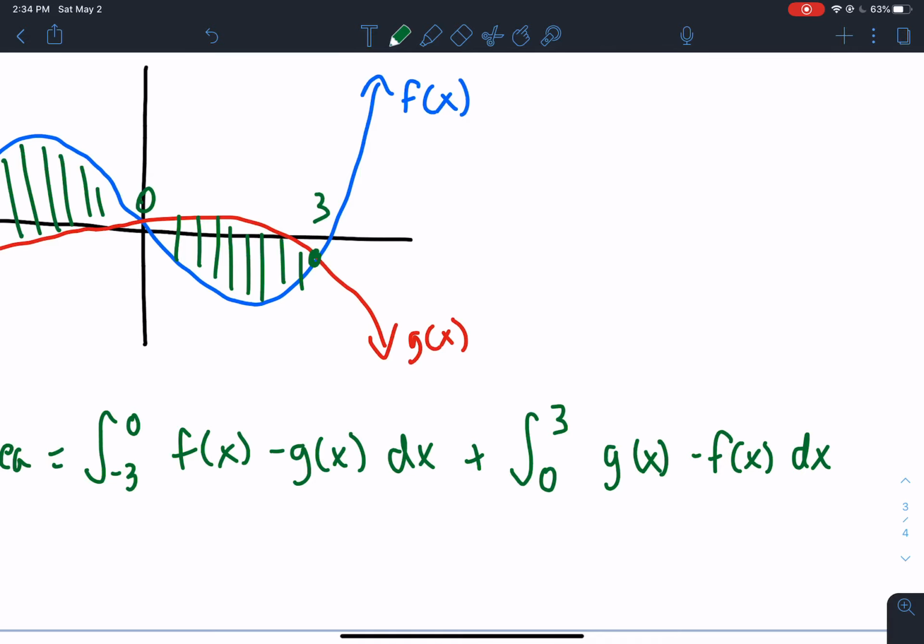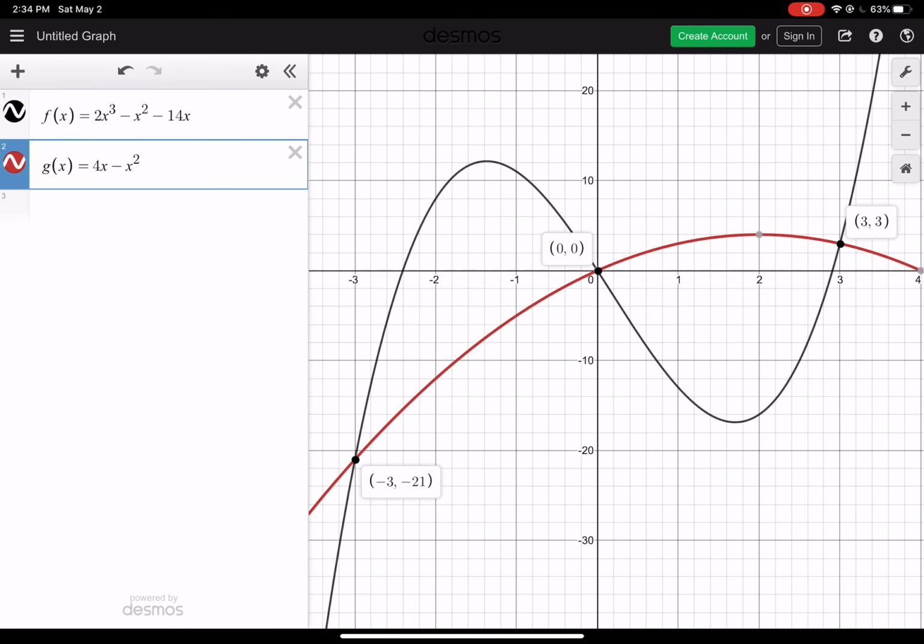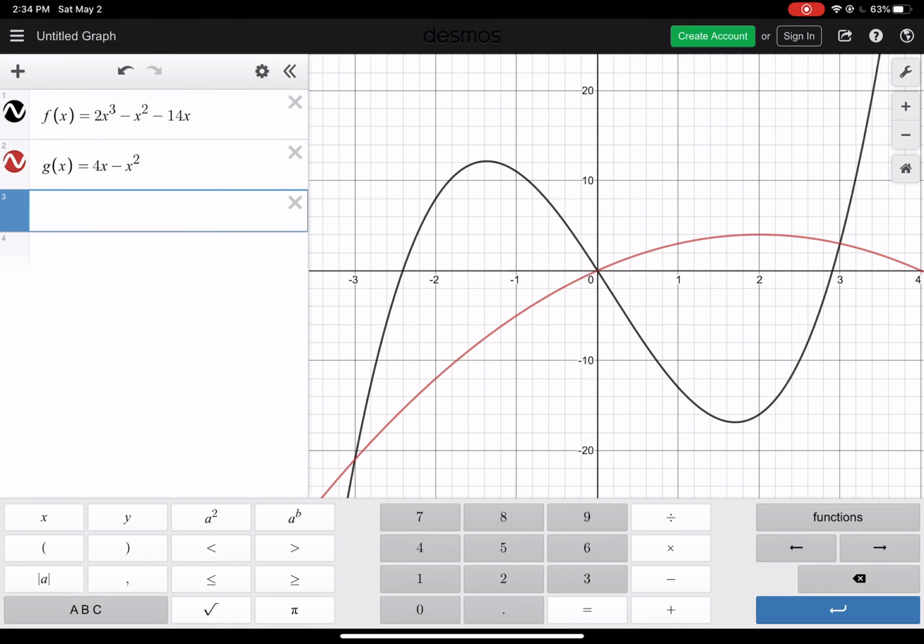So I'm going to go back to Desmos and type that in. Again, it's int, and then you're going to go from -3 to 0. The first one again is top minus the bottom. You look at that, it's the black curve on top and the red curve on the bottom. So f of x minus g of x.